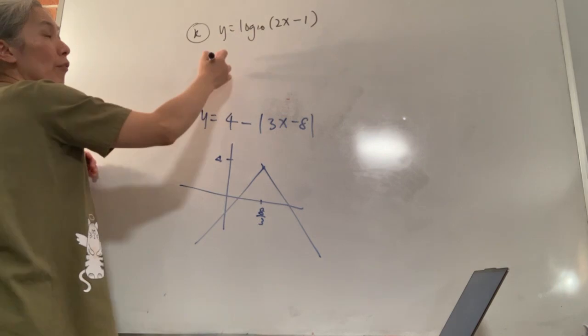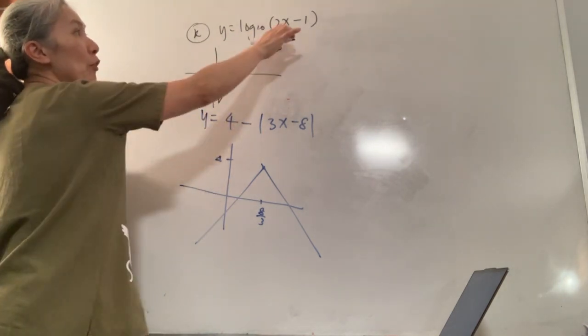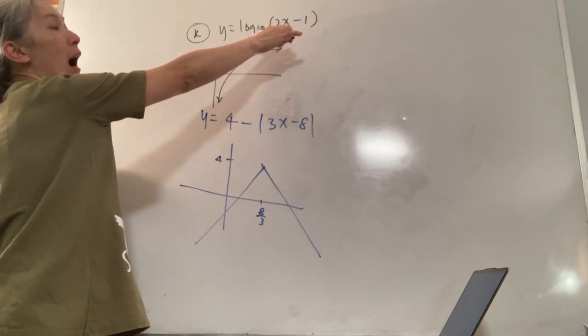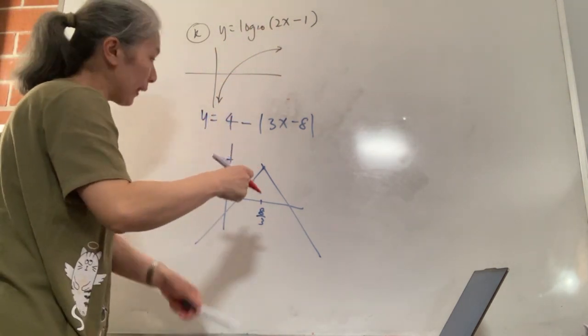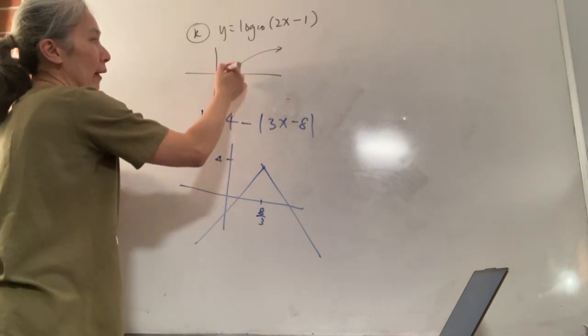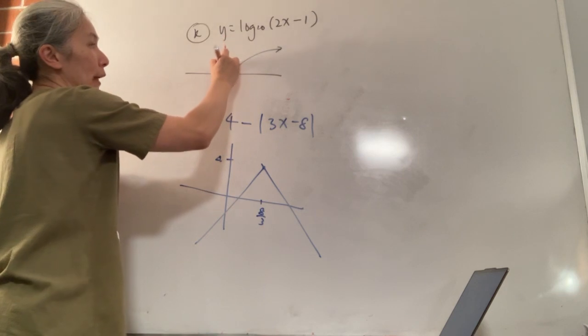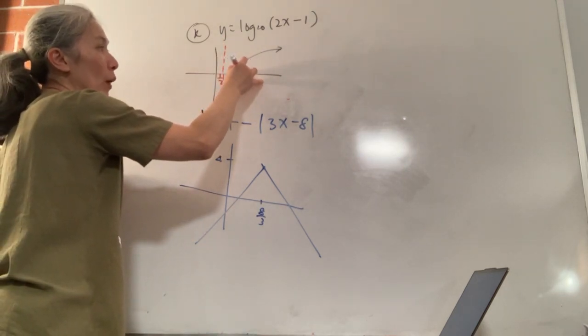Okay, so the log graph is supposed to look like that. Now you shift it to the right by half. So the asymptote, this number is supposed to be at 1 here. Now shift everything to the right by half. So that means the asymptote, which was at 0, is now at half, and this point is at 1.5.